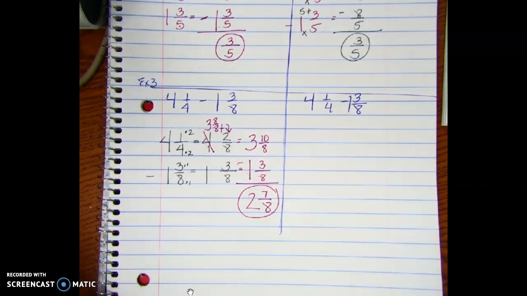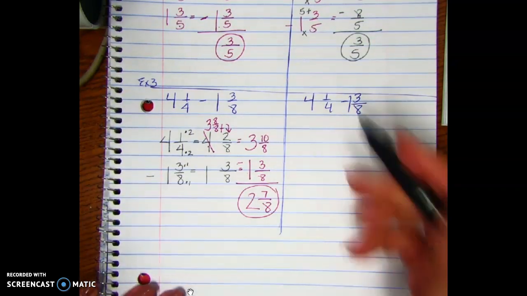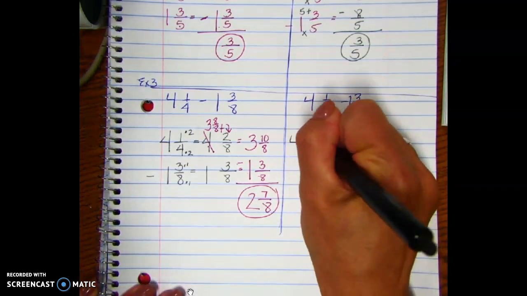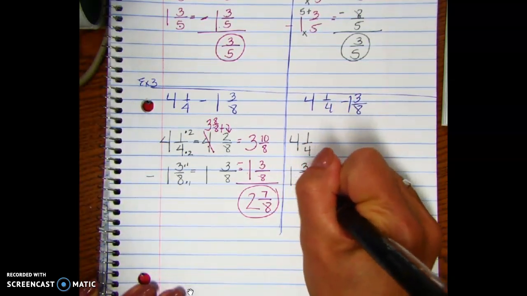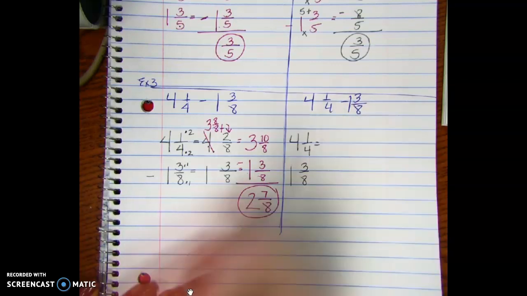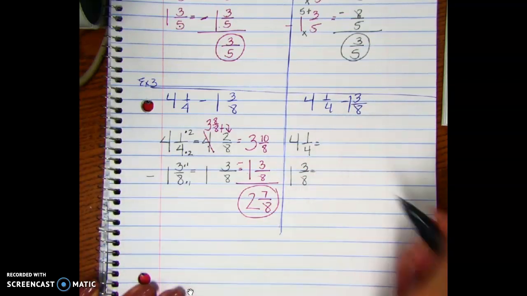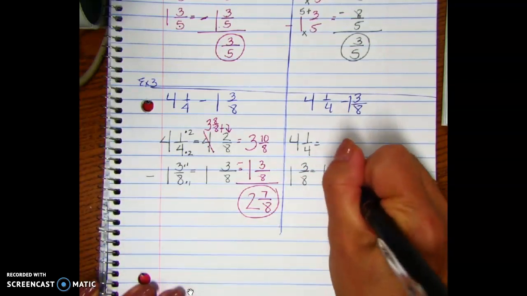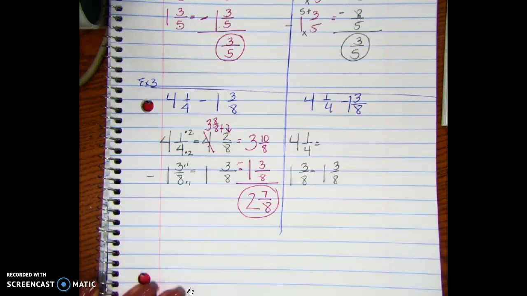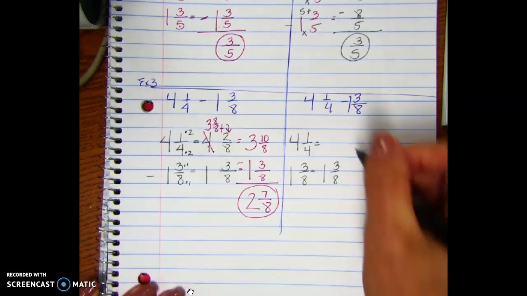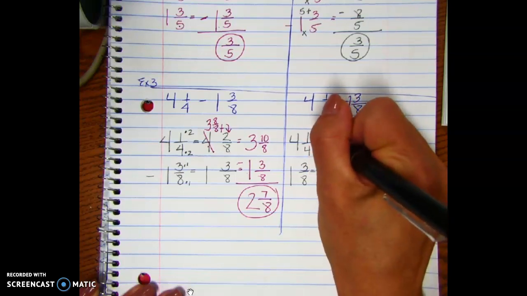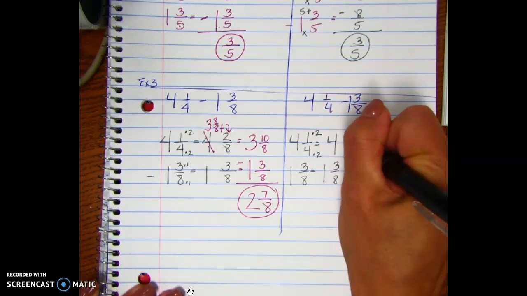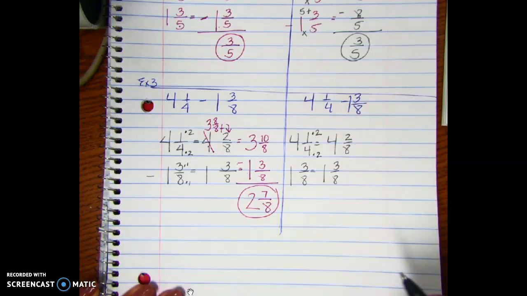Well, let's try the one where we have to use an improper fraction. So 4 1/4 and 1 3/8. Okay, so guys, it's really important that you do the least common denominator before your improper fraction, because this will tell you if it's working. So we multiply by 2, and I end up with 4 2/8. Now I can do my improper fraction.